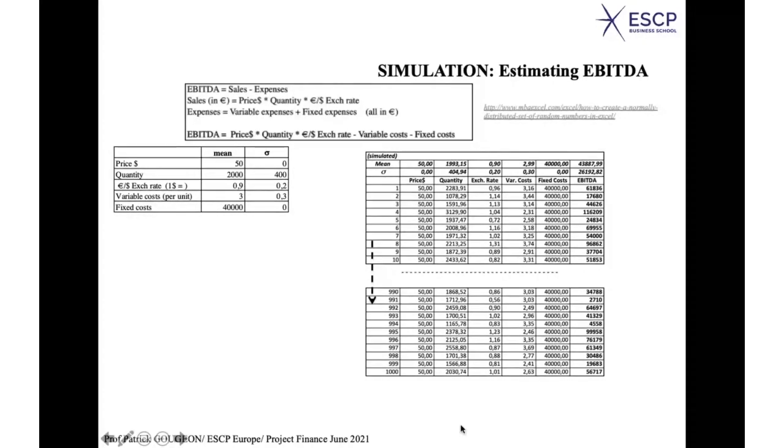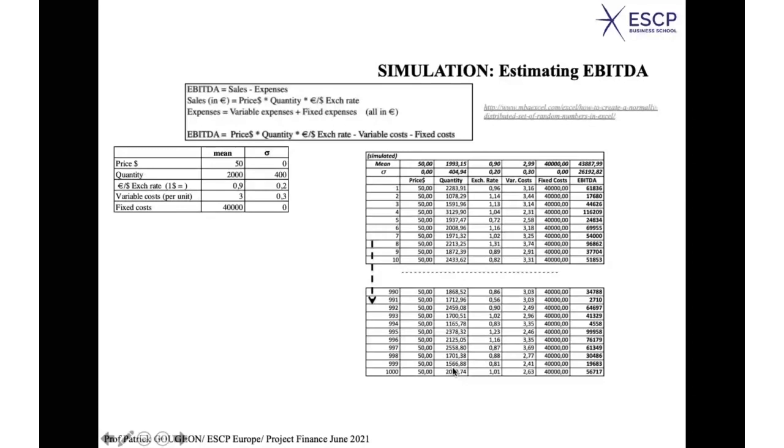And as I was saying, if you want to know how to generate such a distribution with a mean of 2,000 and a standard deviation of 400, go to this web link, and you have the explanation. It can be used with Excel. I did the same for the exchange rate with these assumptions here, and the same for each parameter.